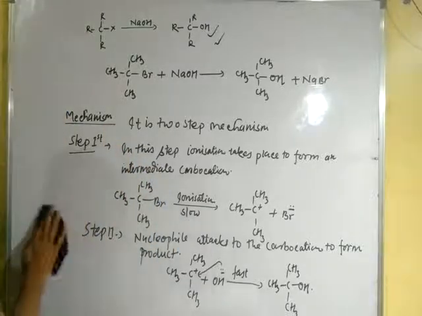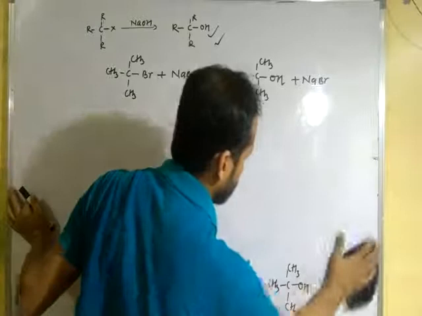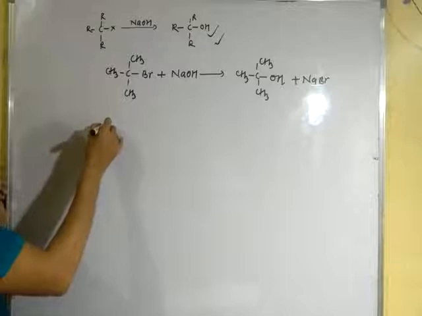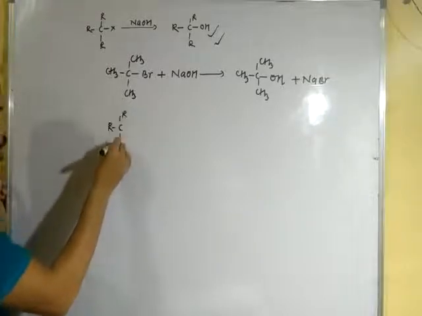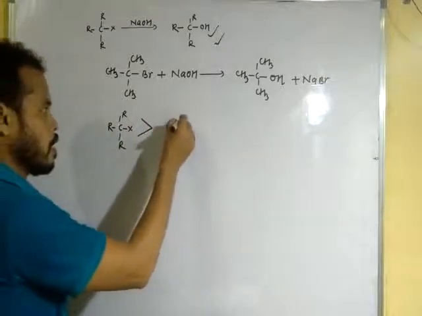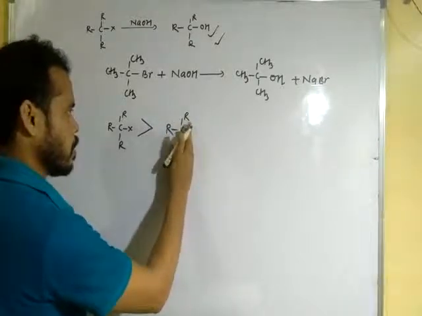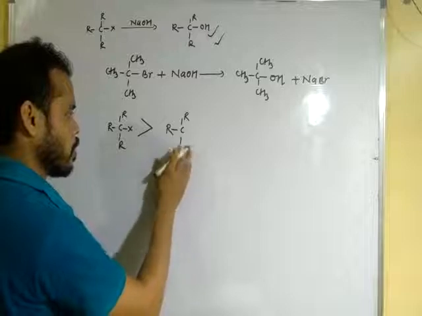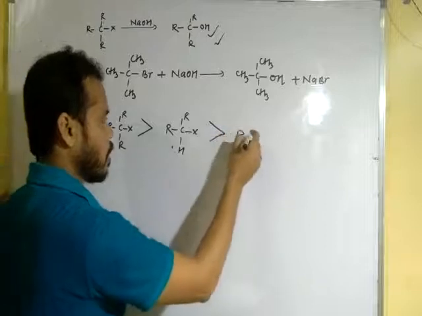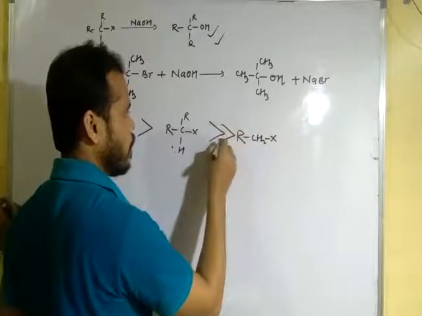The ease of reactivity towards the SN1 mechanism is tertiary greater than secondary greater than primary, which is very much lesser.